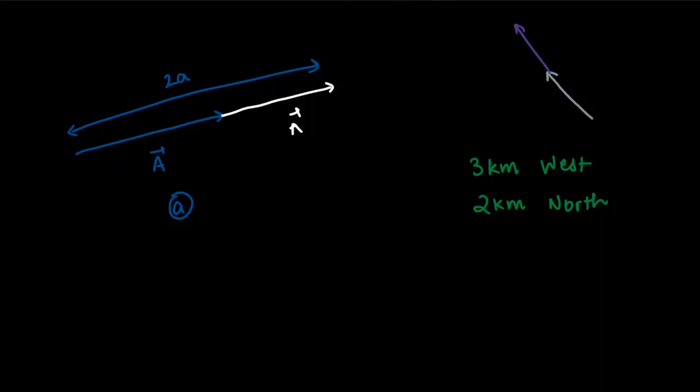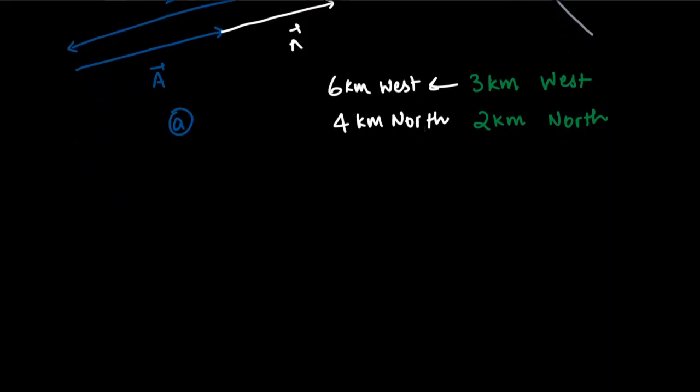So this path would continue, and instead of taking 2 different vectors, what you could have said is we are running 6 kilometers west if you do the same thing 2 times, and 4 kilometers north. And while this will take some time to build this idea when we come to resolving vectors, and that's something we will come to in later videos, for now let's just consider the fact that we can add a vector to itself.